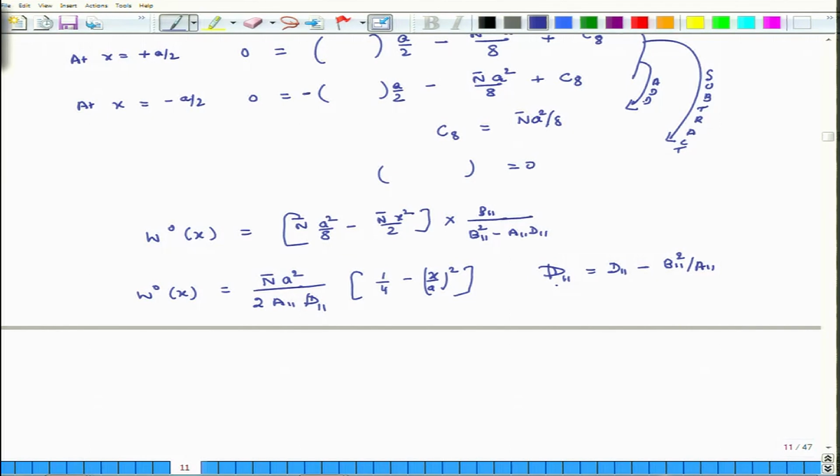This is the same definition which we have used earlier.